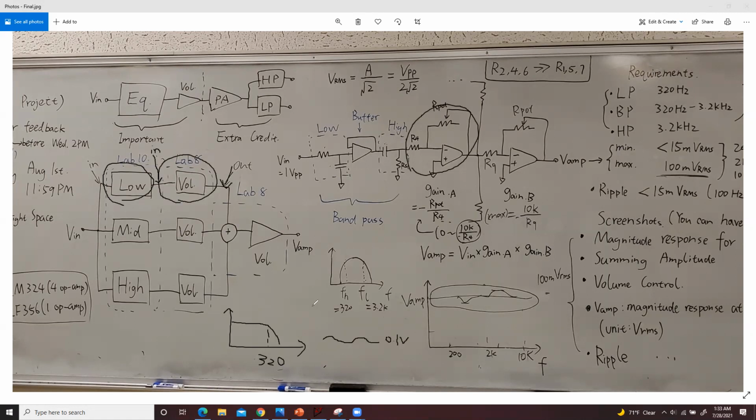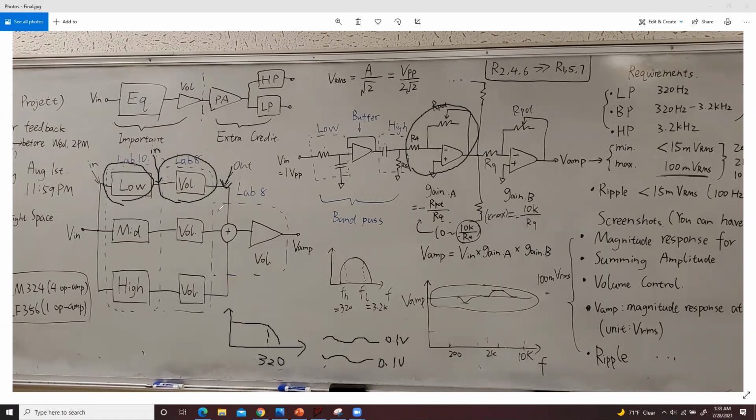If you define your gain for this amplifier to be 1, then your output when the potentiometer is at maximum will also be 0.1 volt. So this is the input, this is the output.